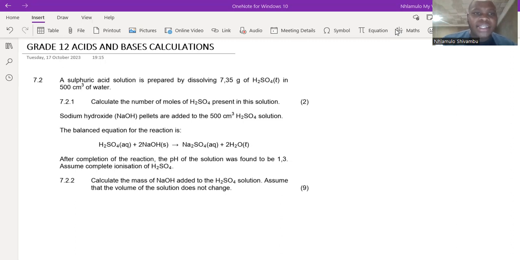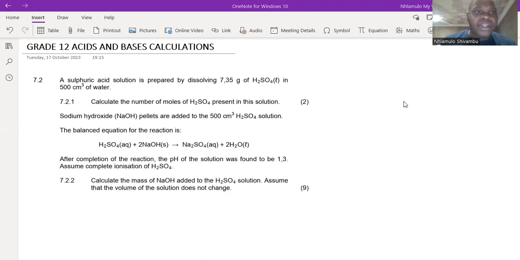We're being told that a sulfuric acid solution is prepared by dissolving 7.35 grams of H2SO4 in 500 cm³ of water. The first question requires us to calculate the number of moles of H2SO4 present in this solution. When we are asked to calculate the number of moles in stoichiometric calculations, we must make sure that we check the given information.